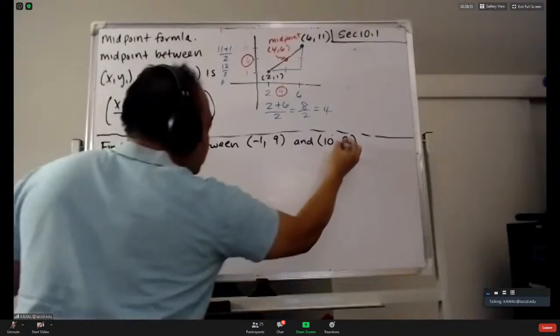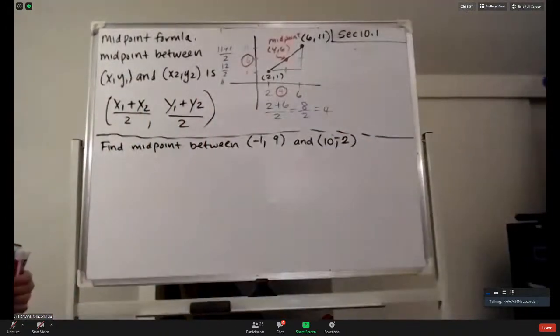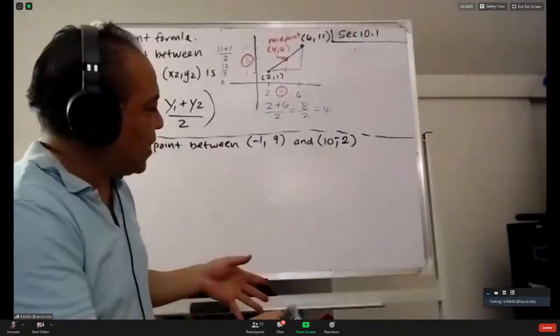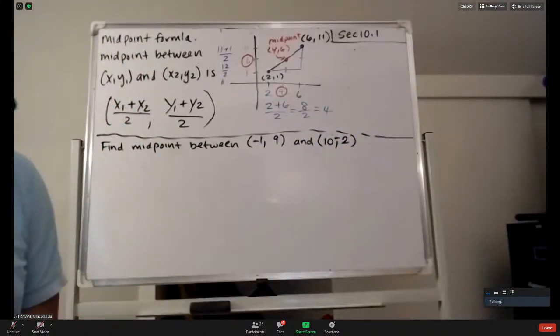Add the x values, divide by 2. Add the y values, divide by 2. Let me give everyone a second to copy whatever they want and work on that.